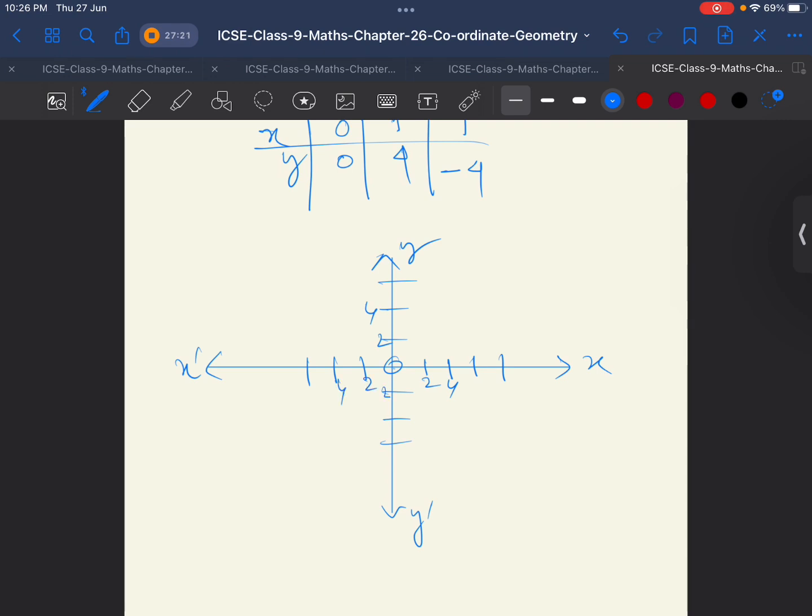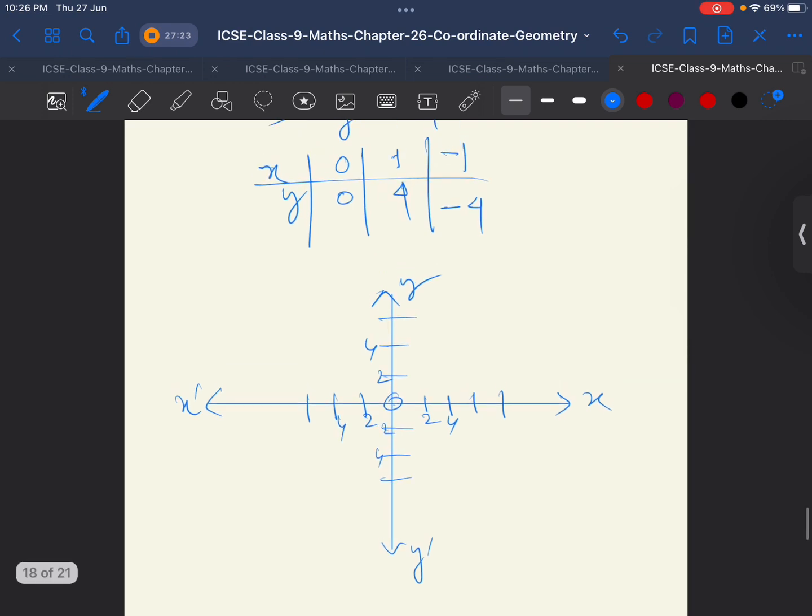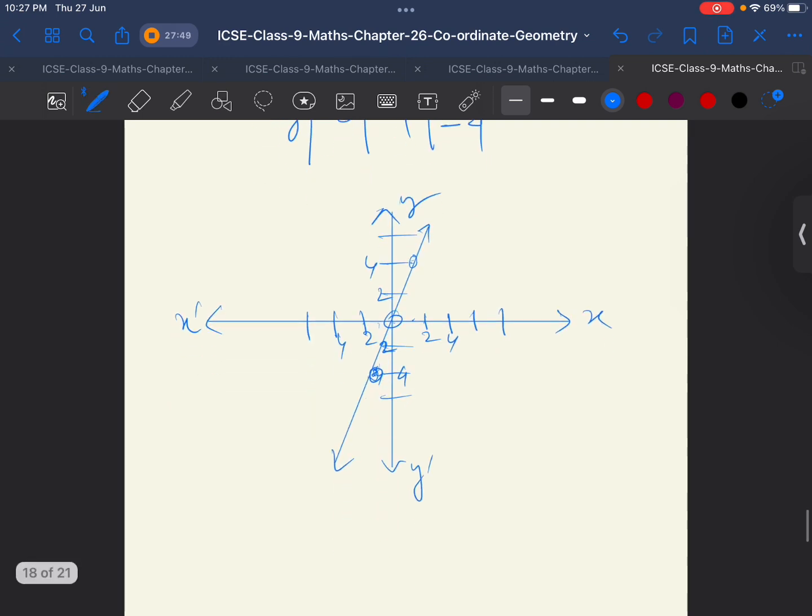Two, 4, 2, 4. So first (1, 4), sorry, 1 is here, 4, this point is here, and (minus 1, minus 4) will be here. Okay, this is the point. So now we draw the straight line. So this is the straight line.